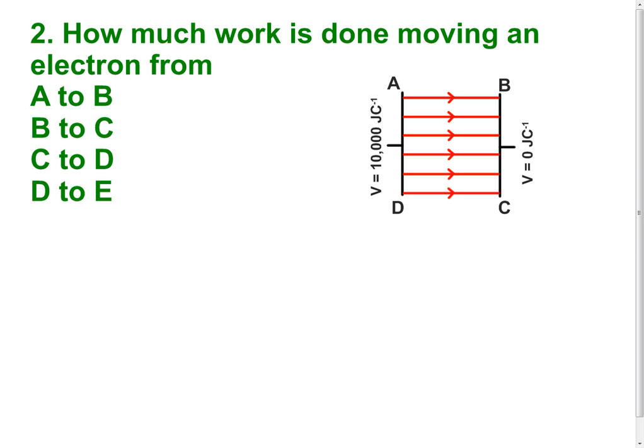How much work is done moving an electron around about the place? Okay. So this is like the plus, this is like the minus, as before. Now we're thinking about an electron which is negative.